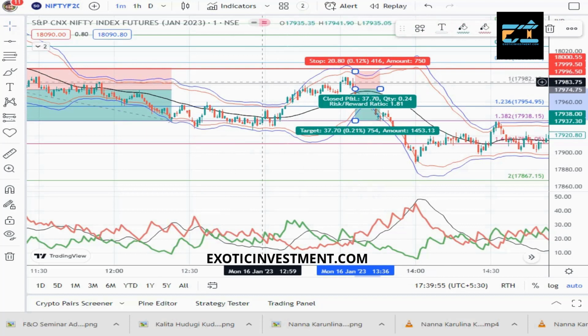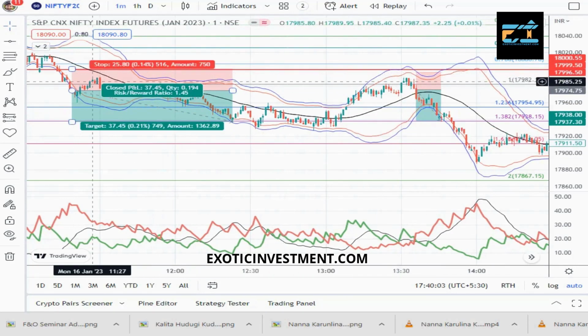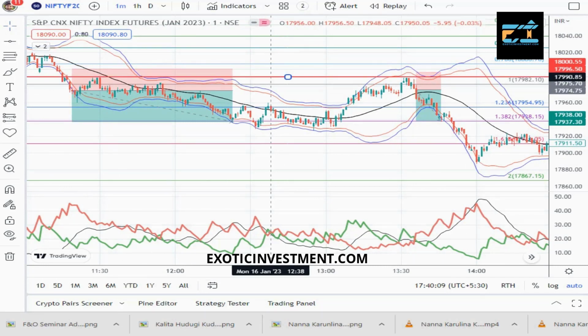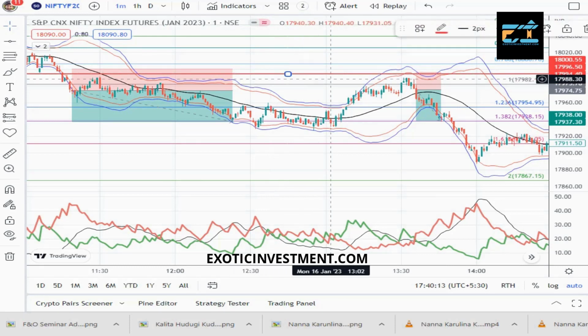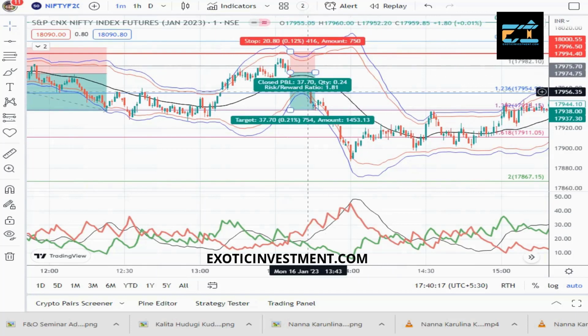The previous consolidation zone would have been somewhere around here. So this would be the consolidation zone, and 3 points above that, 91, 94. Okay, 94 will be our stop loss level.